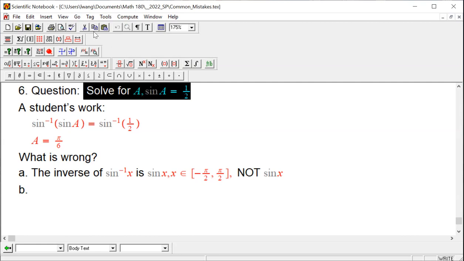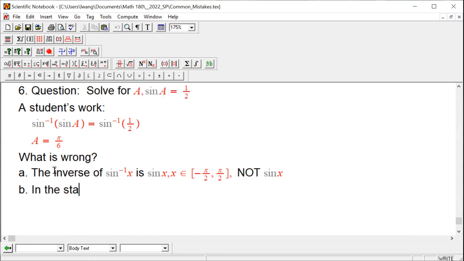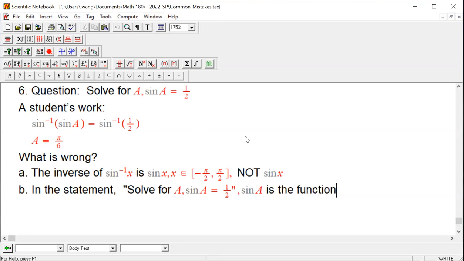In this statement as such, sine is referred to as the function with domain all real numbers.